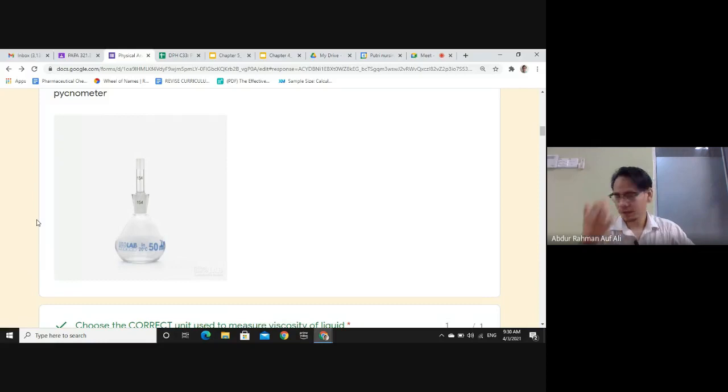Okay, specific gravity is another name for density. And the definition of density adalah the amount of substance in a volume of solvent. So dalam satu, kalau contohnya macam dalam satu sudu ubat demam PCM, ada lebih banyak bahan berbanding dengan satu sudu salbutamol syrup.